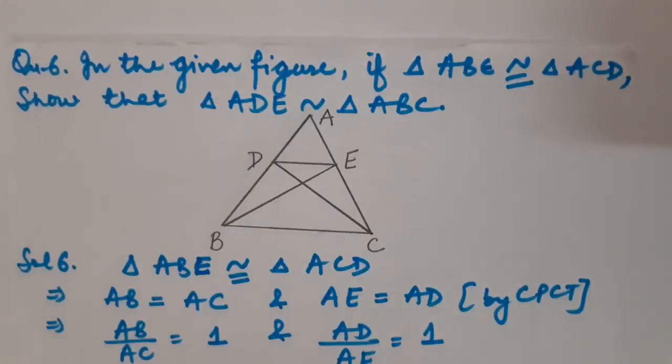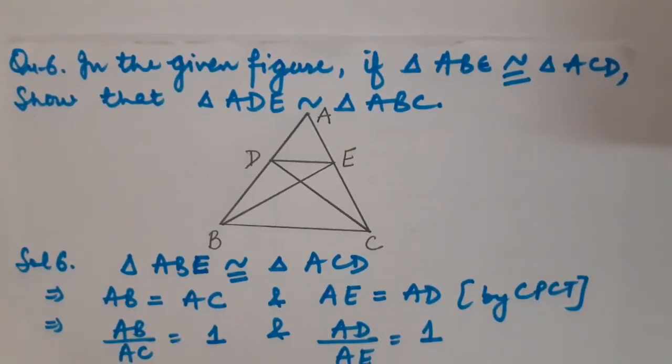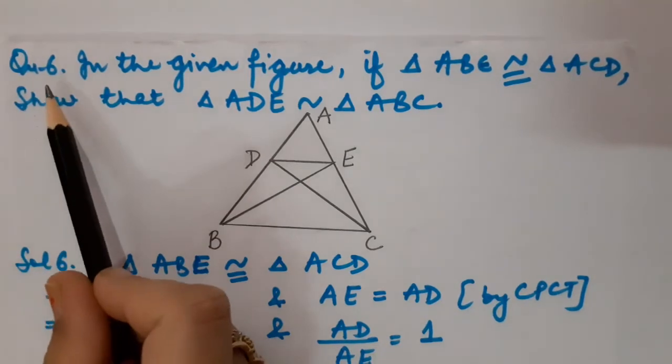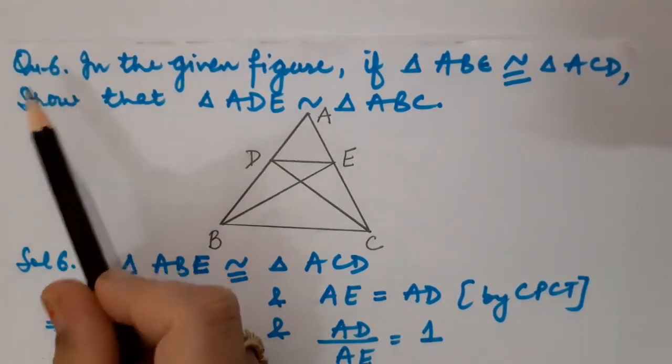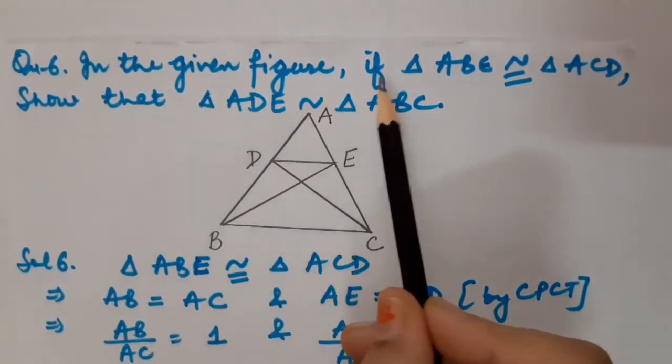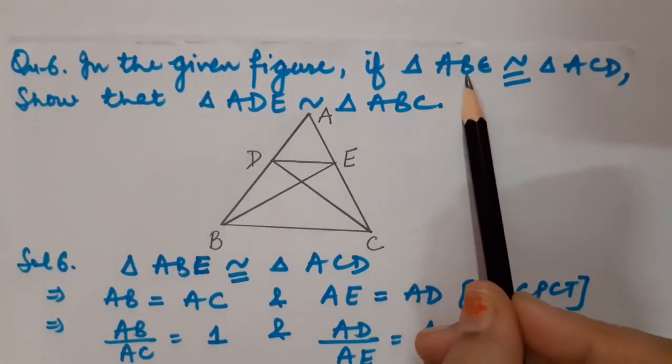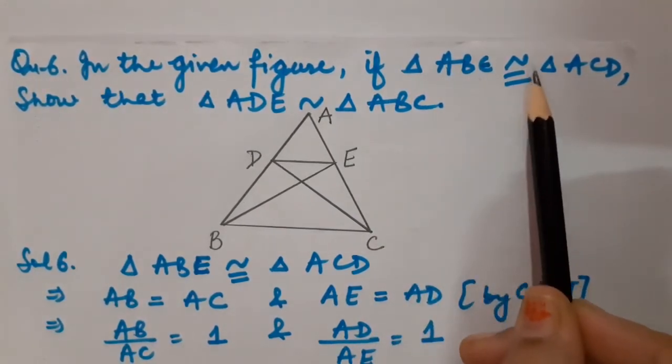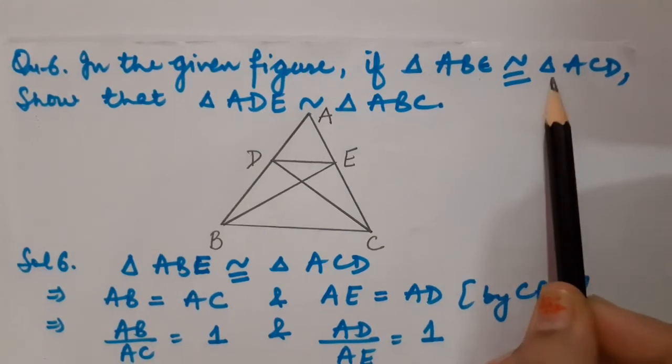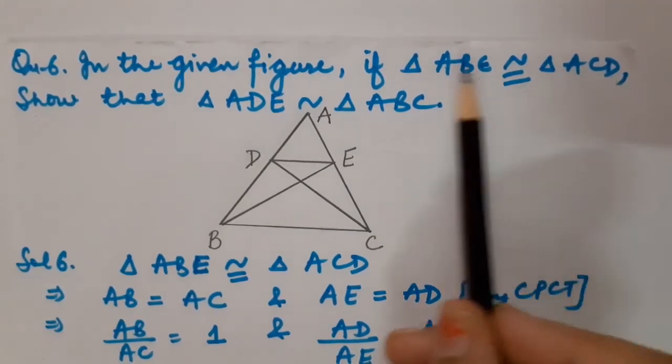So now children, I am going to take one more question based on the same criteria, that is the side angle side criteria. This is question number 6 of exercise 6.3. In the given figure, if triangle ABE is congruent to triangle ACD, have a look in the diagram.